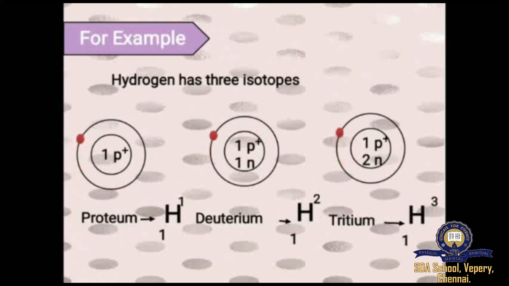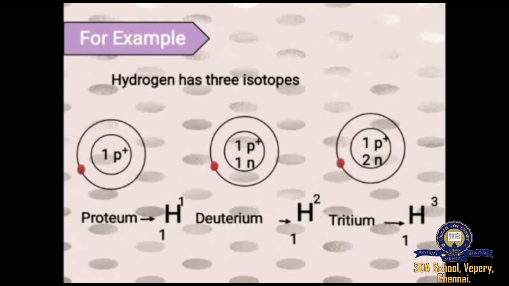The next one is deuterium. In the nucleus, 1 proton and 1 neutron are present. So it is written as H 1 2. Atomic number is 1, mass number is 2. Number of protons plus number of neutrons, 1 plus 1 is 2, right? So H 1 2. The next is tritium.